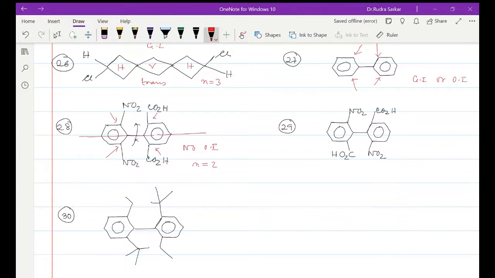However, in case of 29, this group is not equal to that group and that is not equal to that, so there is no plane of symmetry, and because of the restricted rotation and n value being 2, it will be showing optical isomerism, but no GI is possible.